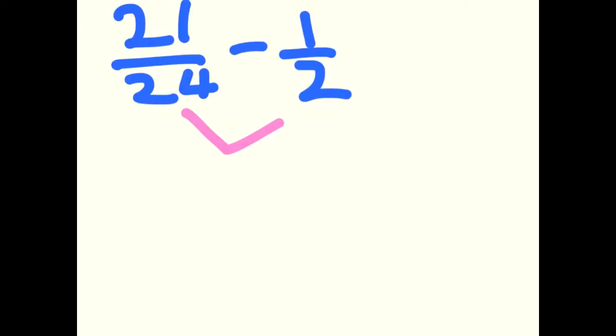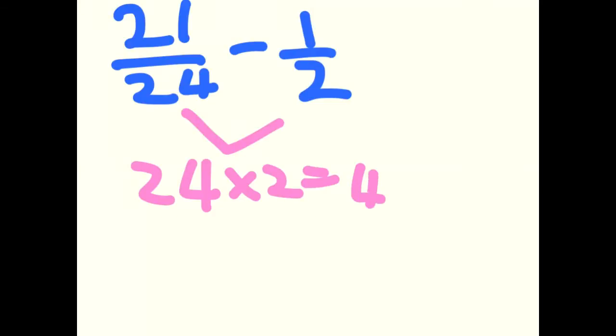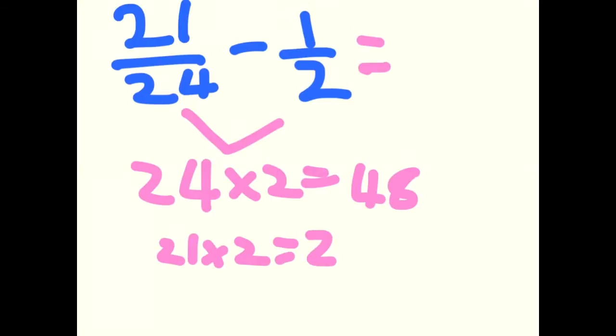So the easiest way I think to do this is to do 24 times 2, which equals 48. So instead we have 21 times 2, which is 42.